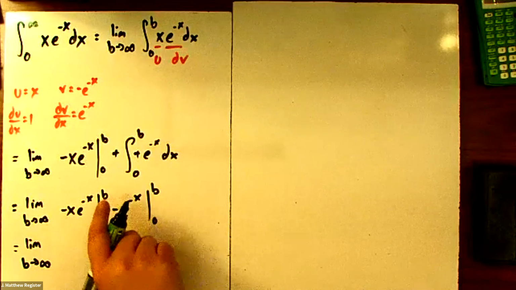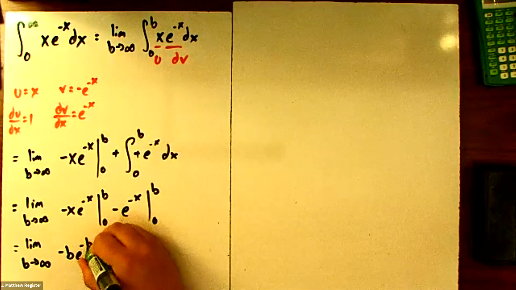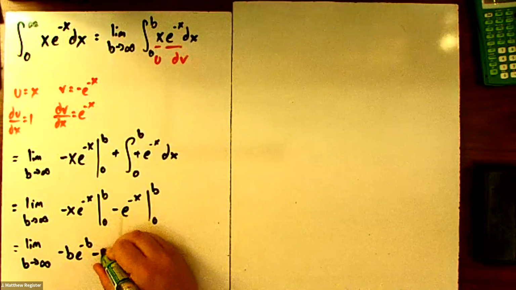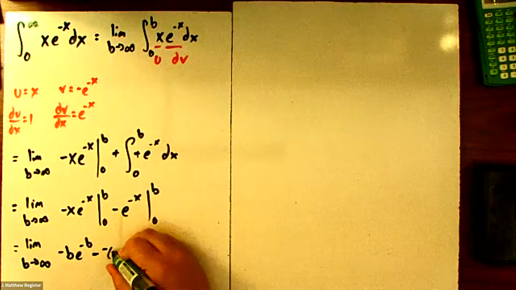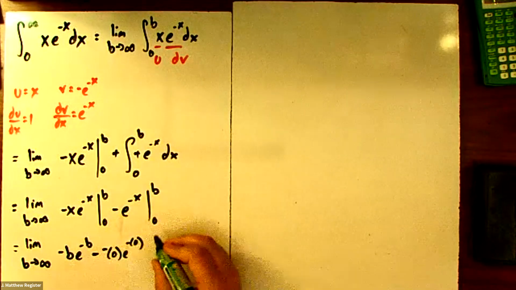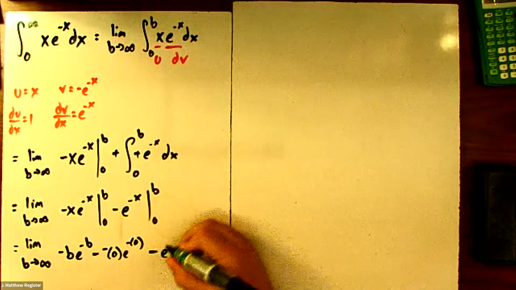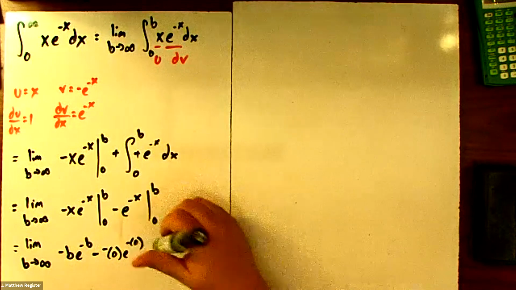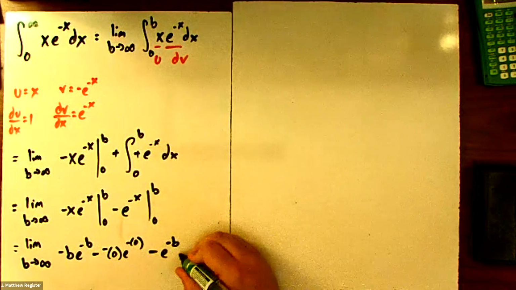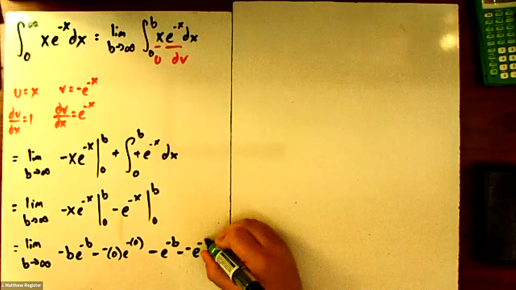This is going to be negative b e to the negative b minus, at 0, it would be a negative 0 e to the negative 0, minus, for this one, it's going to be an e to the negative b. And then it's going to be minus a negative e to the negative 0.